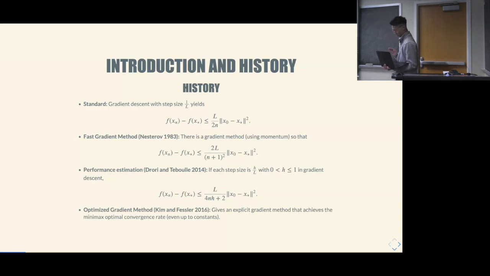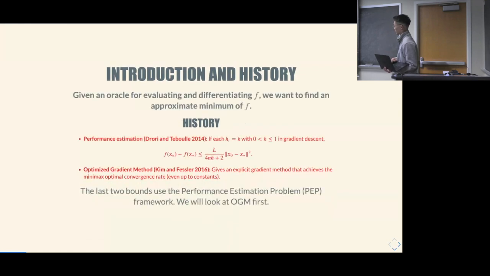So I will explain what that means also momentarily. But this is just to give you a flavor of the kind of results that we're trying to show here. We're trying to show that some algorithm for minimizing a smooth convex function will give you a good answer in a short amount of time. So these last two works I want to highlight because they use the same methodology that we'll be talking about in the work described today, which is this performance estimation framework for understanding the convergence rates of these types of algorithms.